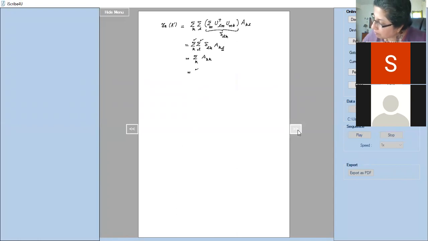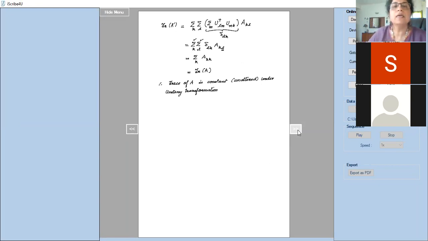So obviously this is nothing but the trace of A. Therefore, trace of A is constant, or we can say unaltered, under unitary transformation.